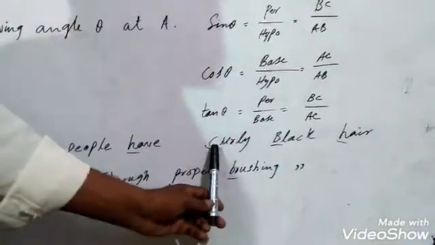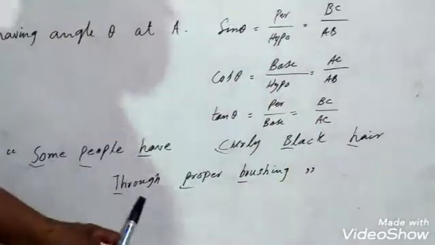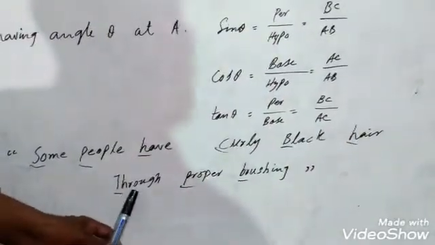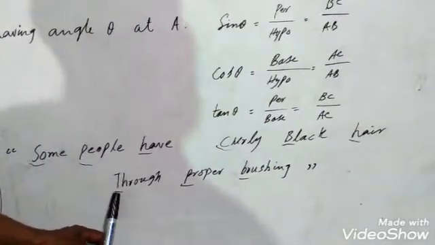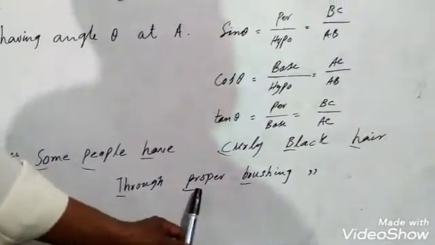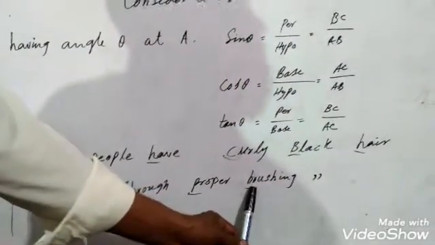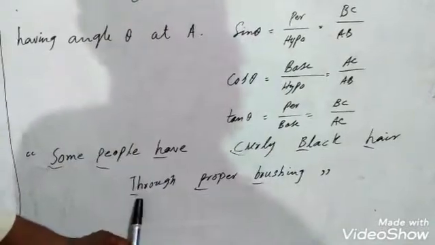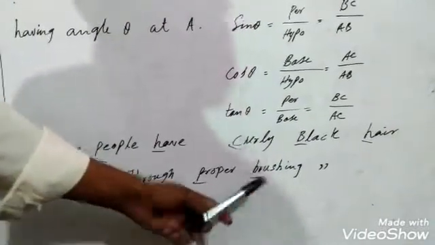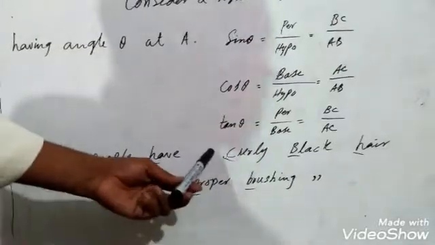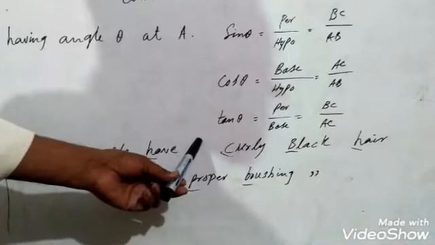So cos theta is equal to base by hypotenuse. And its third part is through proper brushing. In through, T stands for tan theta, proper, P stands for perpendicular, brushing, B stands for base. So tan theta is equal to perpendicular by base. In this way, you can learn these trigonometric ratios easily.